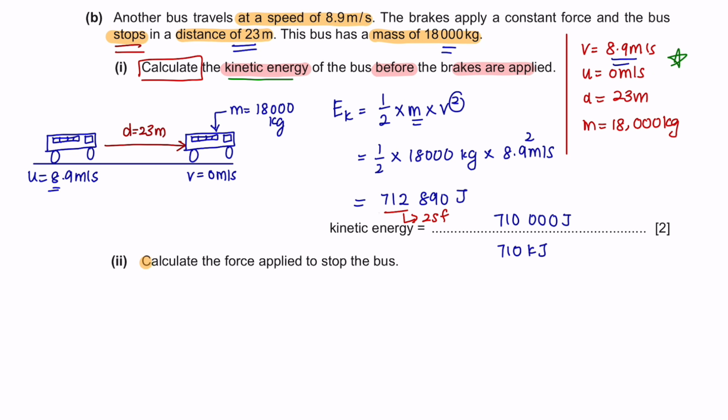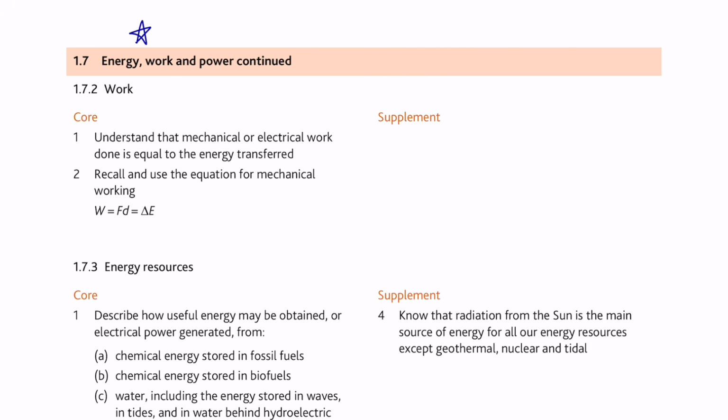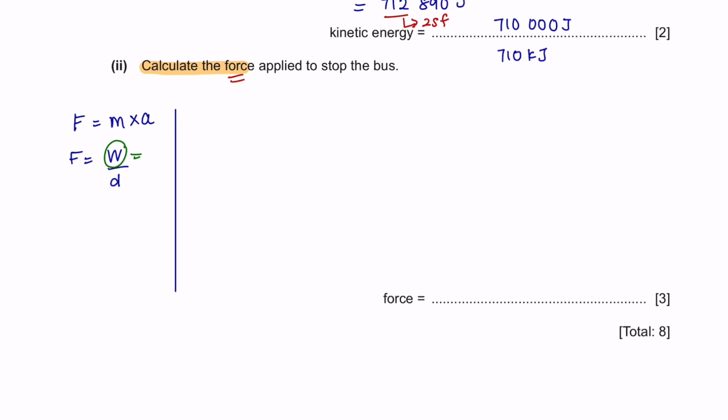The next question wants you to calculate the force applied to stop the bus. Formulas are extremely important in physics, so make sure that you have memorized all the formulas needed. Some formulas related to force would be force equals mass times acceleration, or force equals work done over distance. If you look into your course specification, you will see that work done is also equal to the change of energy. So let's see which formula can be applied to calculate the force in this question.